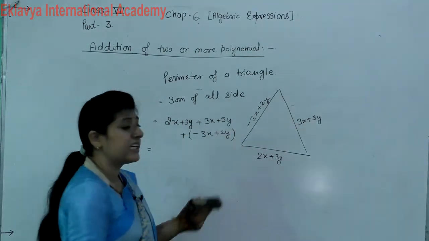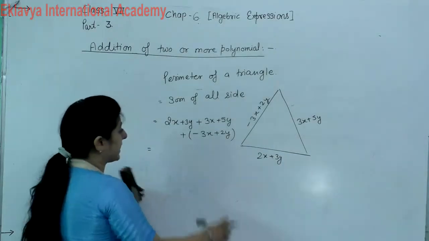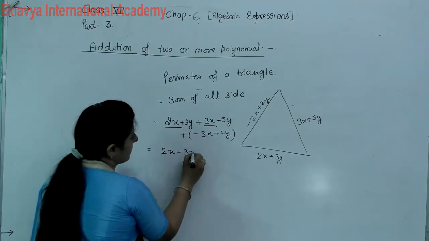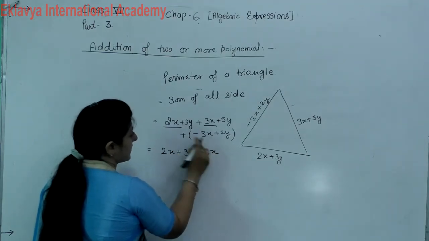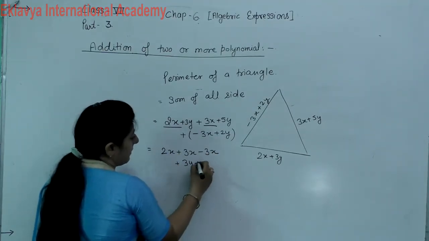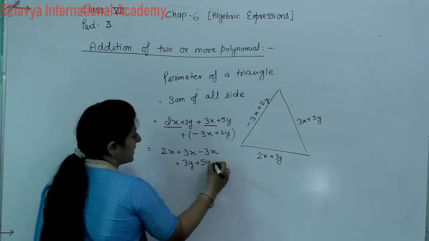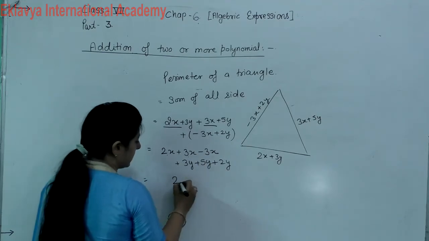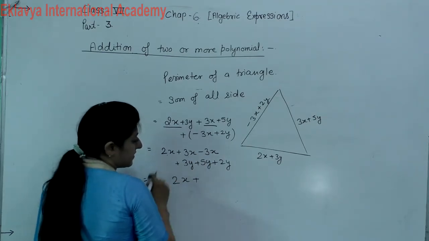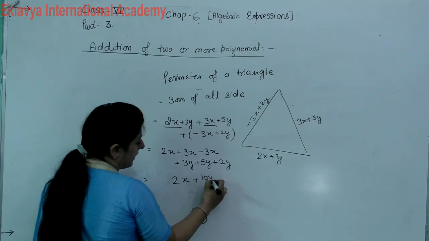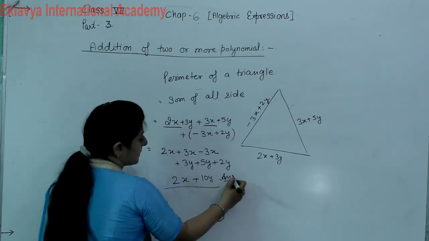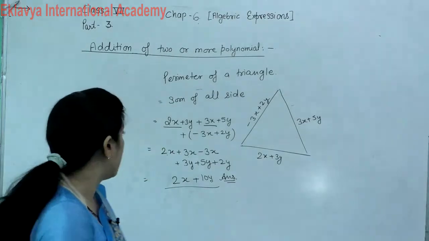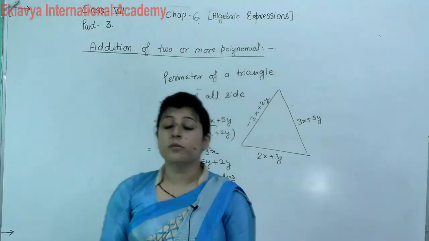Whenever you have a negative sign, put these values firstly in brackets, parentheses. 2x plus 3x, like terms all together, plus minus minus 3x, plus 3y plus 5y plus 2y. 2 plus 3, 5, 5 minus 3, 2x, plus 3 plus 5, 8, 8 plus 2, 10. Then our answer is 2x plus 10y. This is how we solve the addition of the given polynomials.